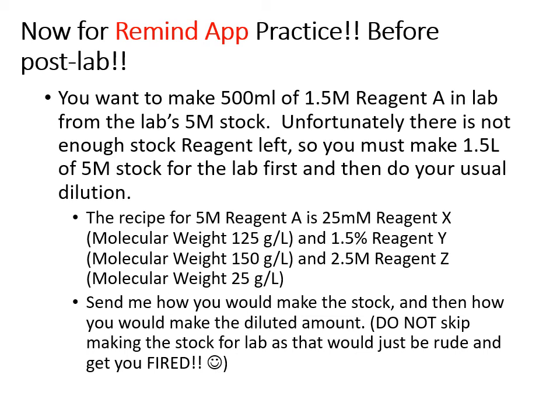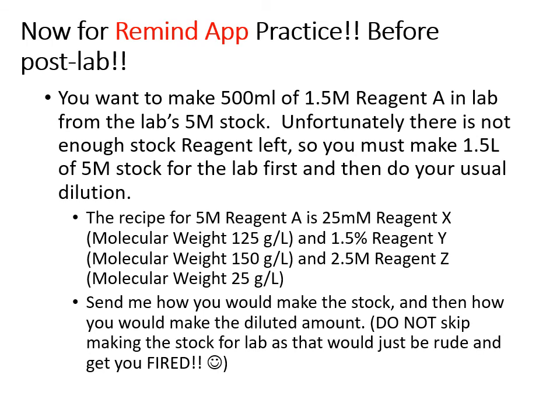I am the worst. All right, so here you have the problem. You want to make 500 ml of a 1.5 molar reagent A in your lab, and you always do that from the 5 molar stock. Unfortunately, there's not enough stock reagent left, so you have to be the one to make 1.5 liters of the 5 molar stock for the lab first, and then you can do your usual dilution from there.